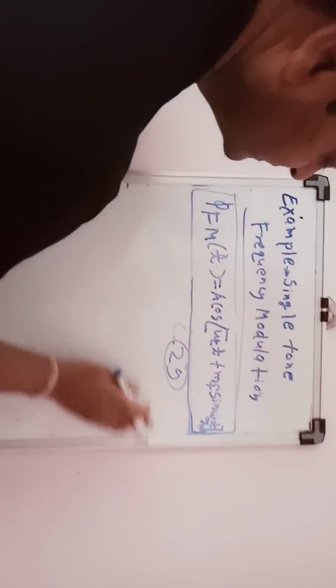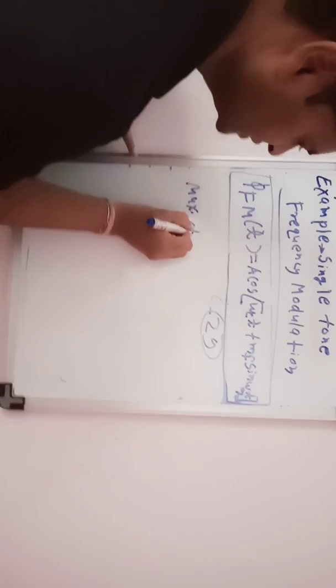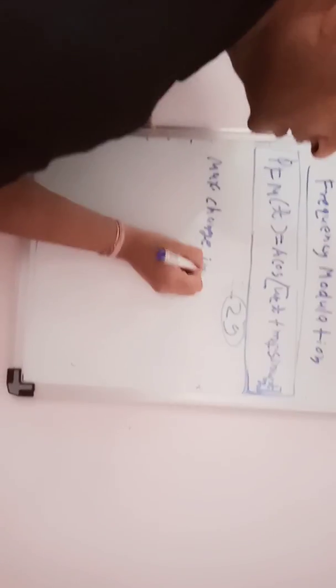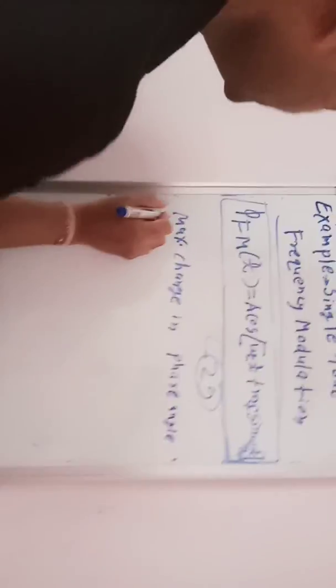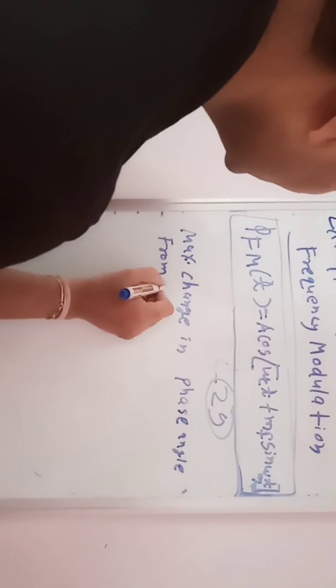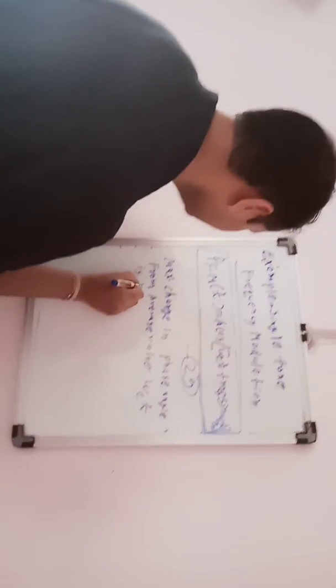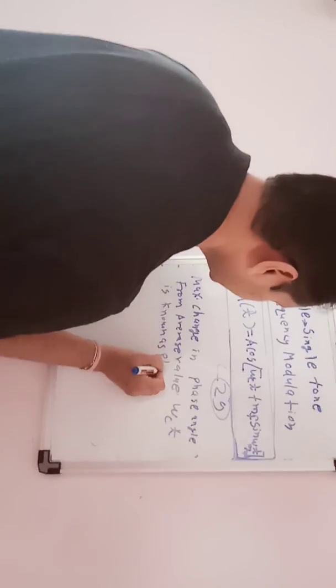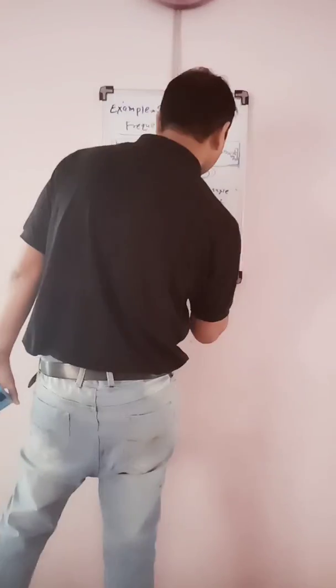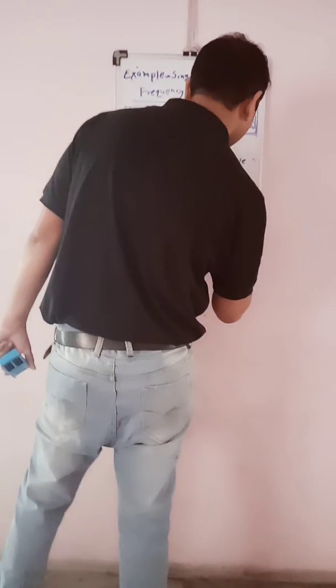Phase deviation is the maximum change in phase from the average value omega c t, and it is denoted by delta theta, equal to m f, in radians.